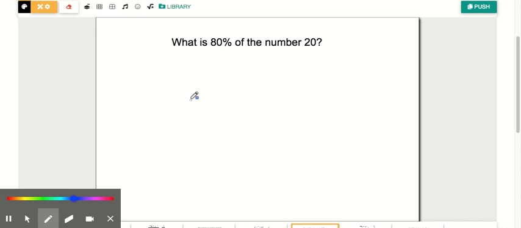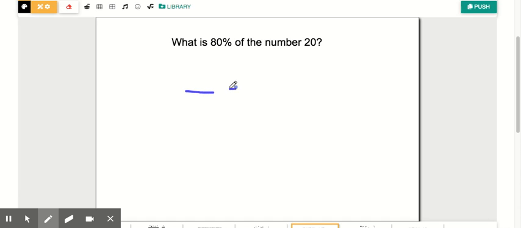Hopefully you were able to work on that on your own. I'm going to set up my proportion here. What is 80% of 20? That's what I'm looking at in this case. I know my percent is 80, and my percent is always going to be with that 100.